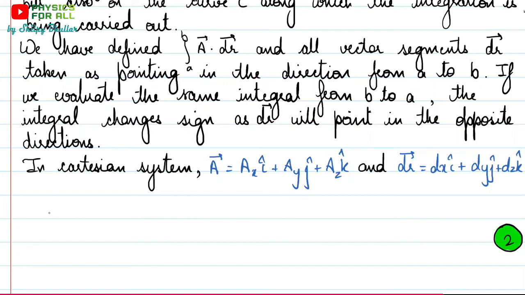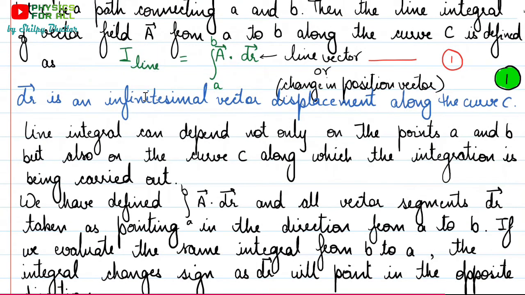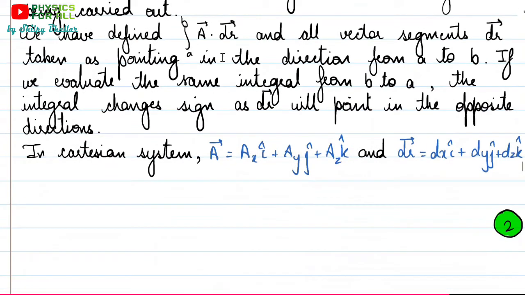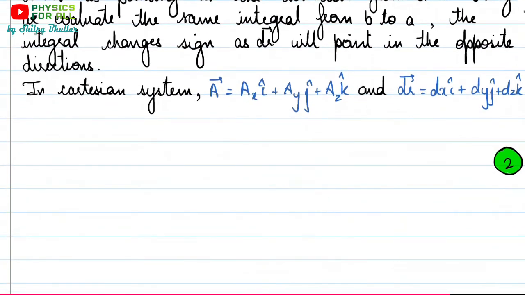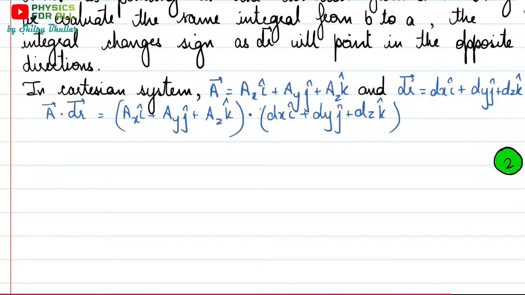Now if we have to take A dot dr, because as you know, we just wrote that this line integral is the dot product of vector A with dr integrated over limits a and b. So we can write it as, see how important this dot is. This dot product has a lot of meaning.